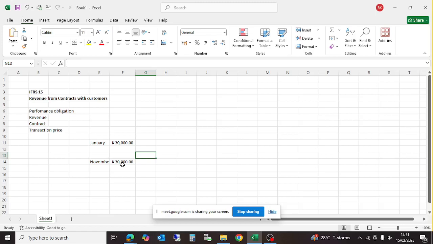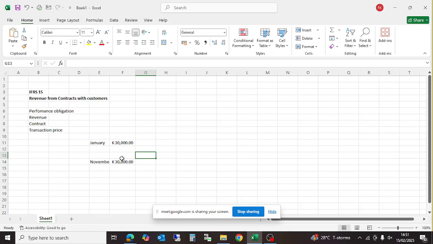We can also talk about the contract asset and the contract liability. A contract asset is a right to consideration for goods or services transferred before receiving payment. And a contract liability is basically the opposite.